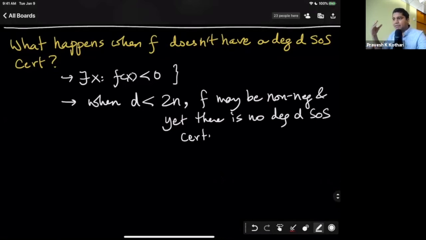Ideally, if f does not have a degree D certificate of non-negativity, then f should not be non-negative, and therefore there should be an x where f is negative, and then a natural algorithmic question is to just find that x. So we are going to develop some duality theory to help us understand to what extent we can actually do that.